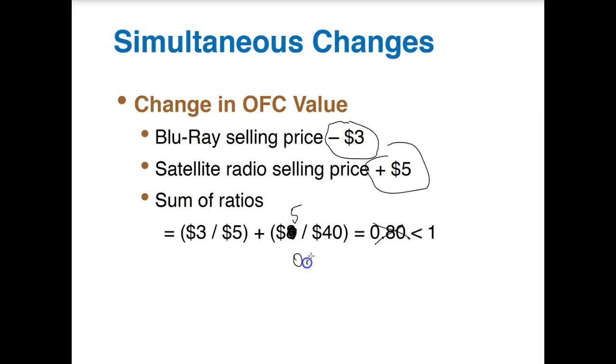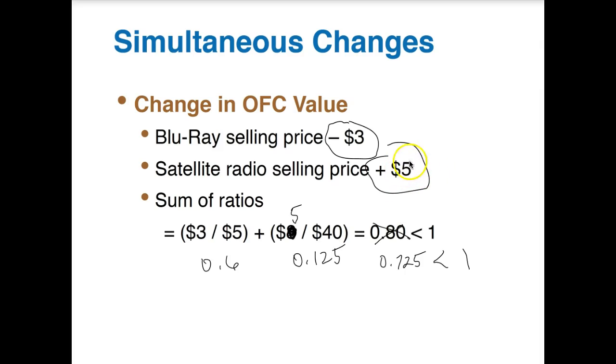But yeah, 1/8 is about 0.125. This is 0.6. So this ends up being a 0.725 change there, which is still less than 1, so we can still do it. So not sure how that came about, but we can see how we can correct that now.